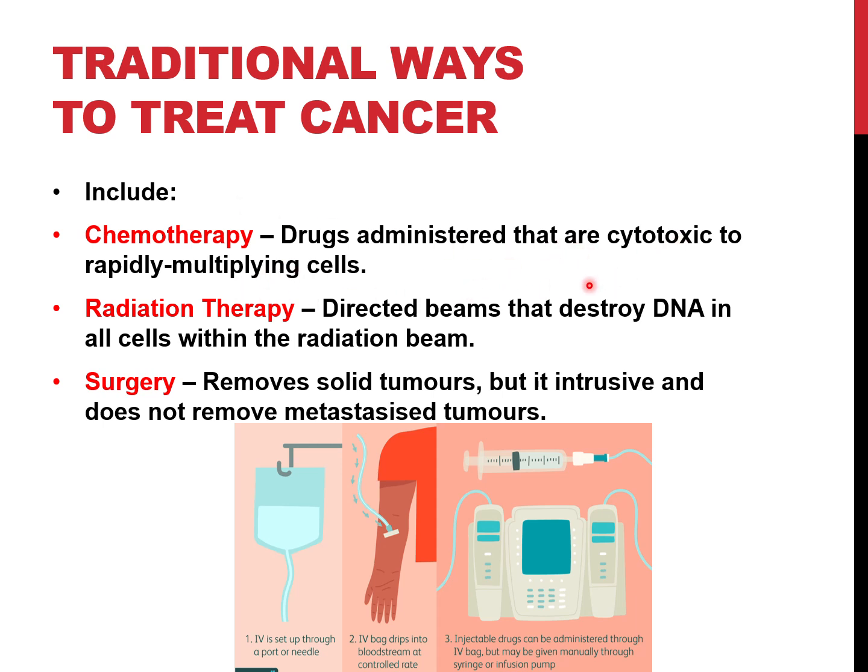Again, a reason why people go bald when they get chemo, because rapidly multiplying cells include stuff like your hair. Radiation therapy, directed beams that destroy DNA in all cells, which then will hopefully stop that mitosis occurring, especially the uncontrolled mitosis. And then surgery, which is a physical removal of the tumor. But obviously more intrusive and invasive. It doesn't always work either.